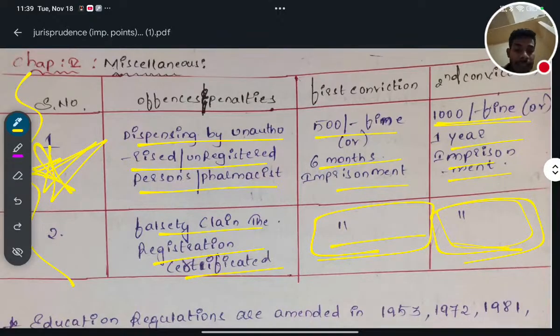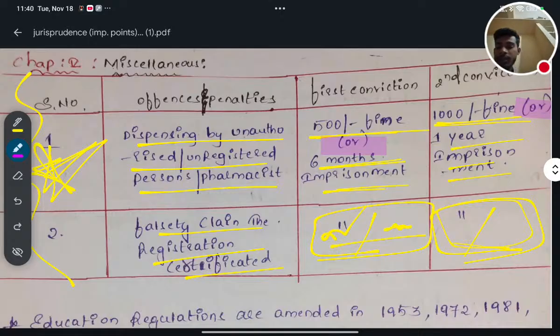You have to note that there is a huge difference between 'or' and 'and'. When it is 'and', 500 and 6 months imprisonment means the person has to pay a 500 rupees fine, and along with that he has to go to jail for 6 months. But if I mention the word 'or', it means either the person will pay the fine, or he will have imprisonment.